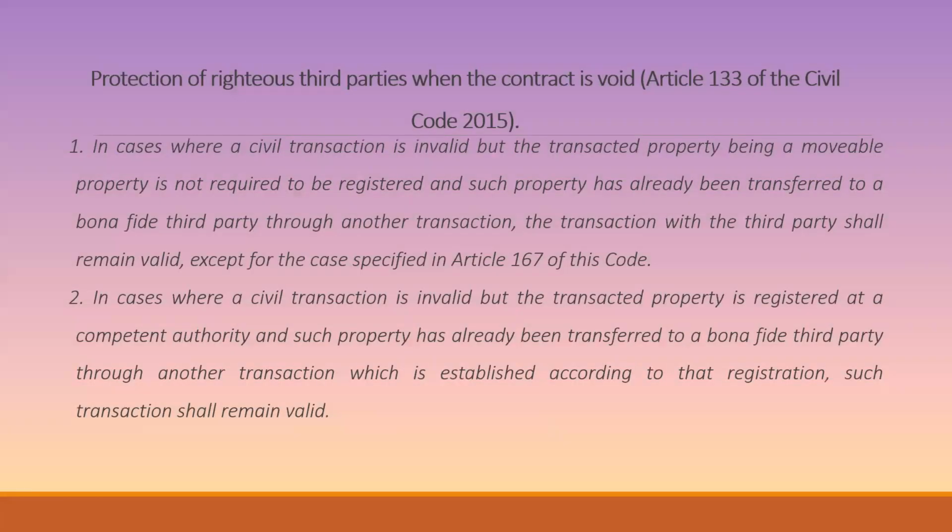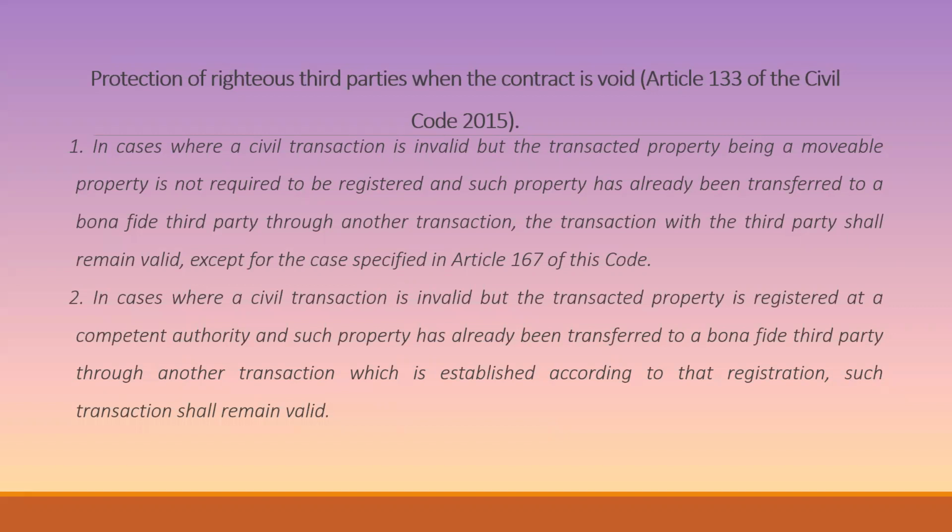Protecting the rights of a third party when a contract is void. Article 133. In case where a civil transaction is invalid, but the transacted property is a movable property not required to be registered, and such property had already been transferred to a bona fide third party through another transaction, the transaction with the third party shall remain valid, except for the case specified in Article 167 of this Code.